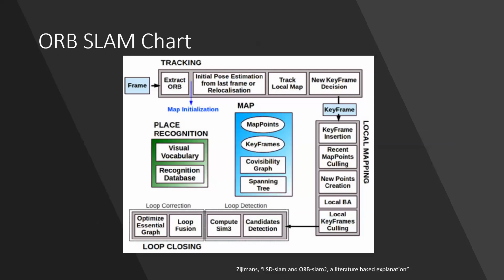And this is kind of the structure that this algorithm works through. As I was talking through, you extract the ORB, and get the pose, kind of guess where you're at in the frame, track it in the local map that you haven't fused yet, make that decision whether it's a new keyframe or not, insert it, decide what you're going to do with that keyframe, and then getting into the loop detection where you decide if you've made a loop, and then once you've made a loop, fuse it and optimize the graph to make sure that you're reducing that drift, because drift is a huge problem with SLAM algorithms, where the longer they run and the further since they haven't seen a loop closure, the drift increases a huge amount and starts to cause significant problems in your calculations and your localization.